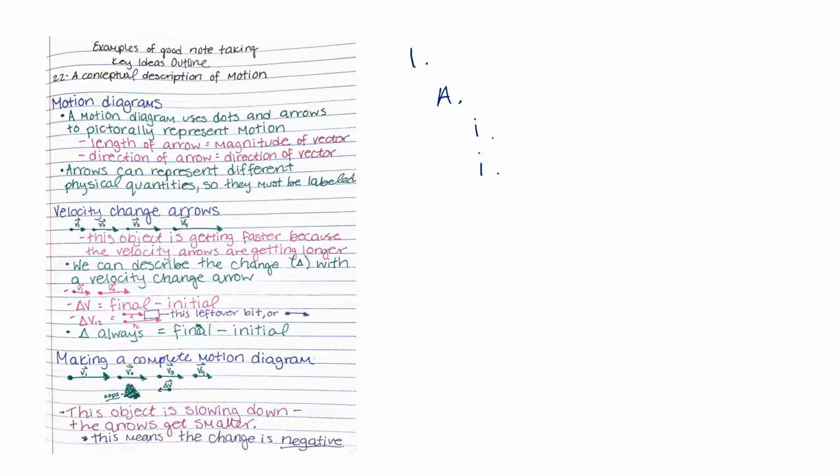Now, if you actually looked at the textbook for this, one thing you'll notice is that the title is motion diagrams and velocity change arrows and so on, but the content of that is in my own words.